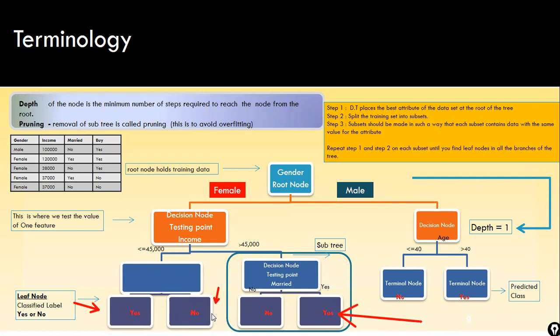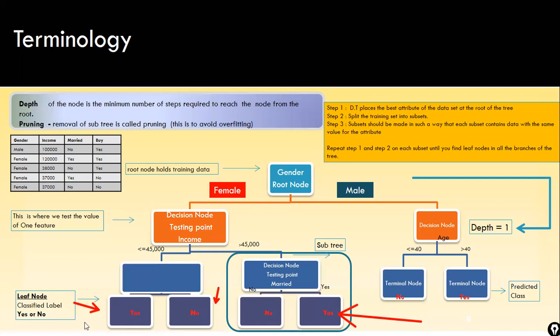In the leaf node, in the case of a classification model, you will find the leaf node as yes or no. For example, if a customer is female and her age is less than 45, she is more likely to buy a product from our shop.